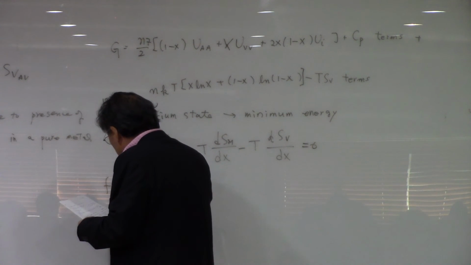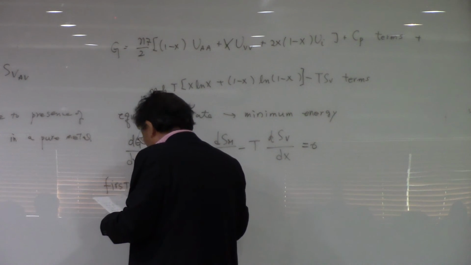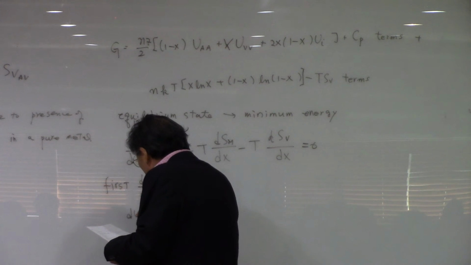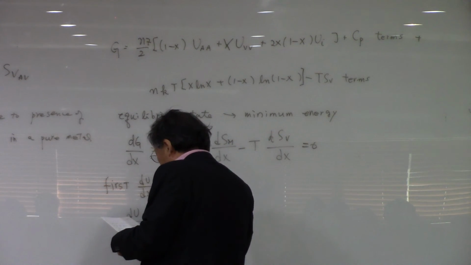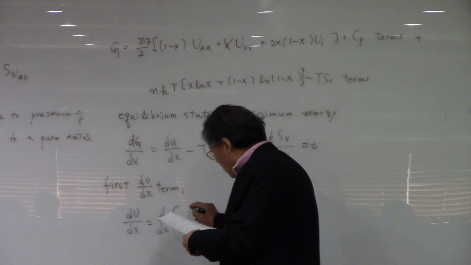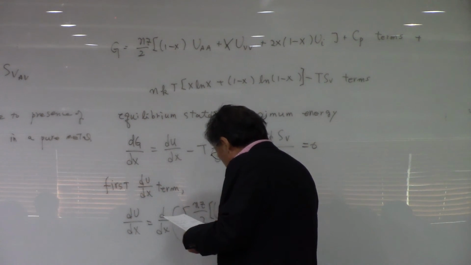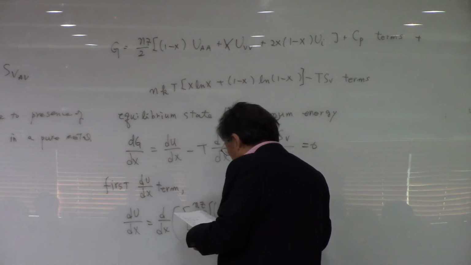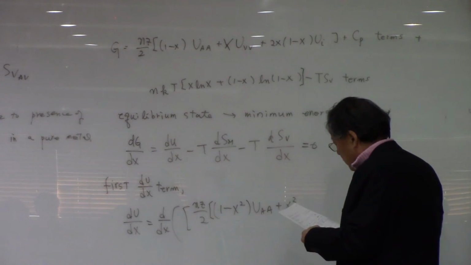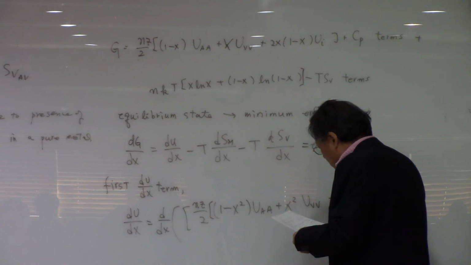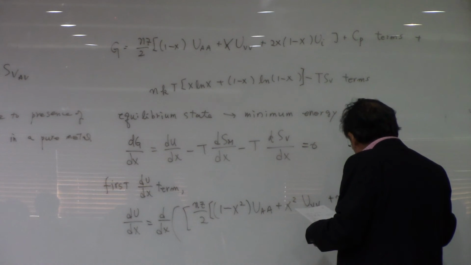So first, dU over dx term. dU over dx is equal to d over dx of NZ over 2 times (1 minus x) squared UAA plus x squared U free plus 2x(1 minus x) UA free.